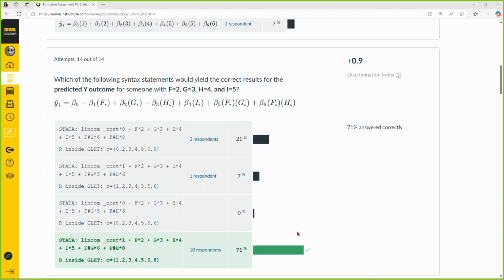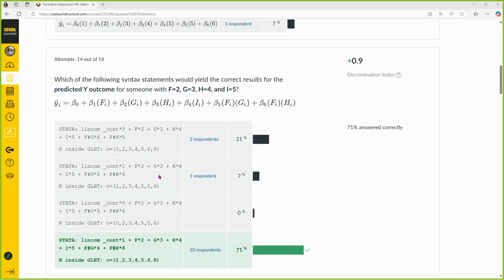I am the most familiar with R. So I actually ignored the Stata line, and I said, okay, based upon what I know, which one of these fits what I know? Okay, so that's how I would approach it if I were you. If you're trying to learn both and you're more familiar with one than the other, then that's okay.